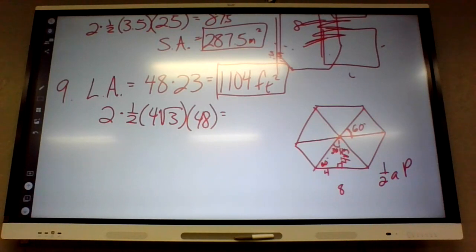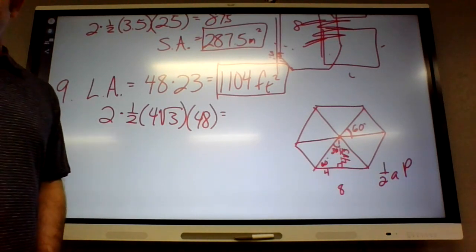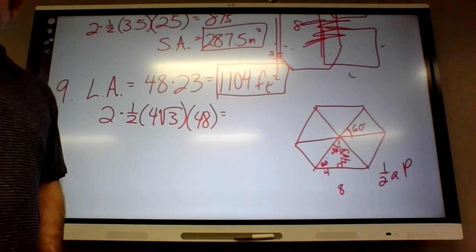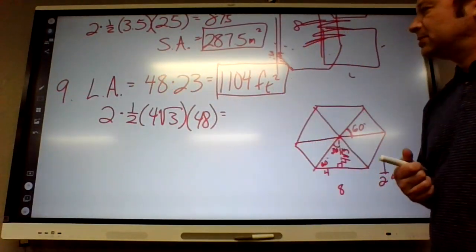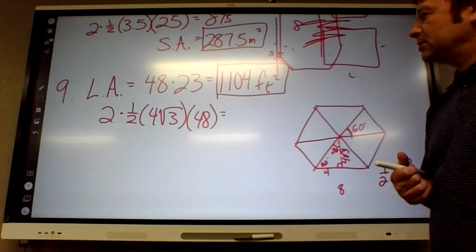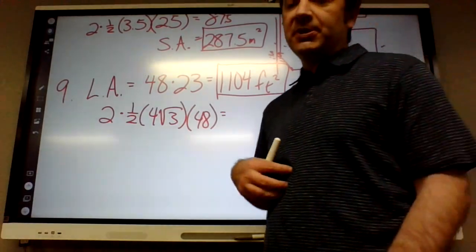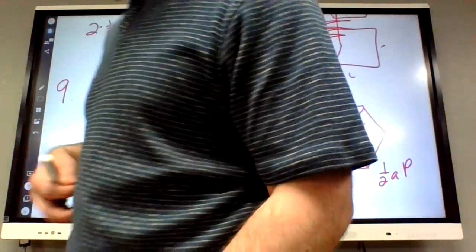Let's just do decimals here. I think the book did put both answers, but let's do the decimal version instead of the square root of 3 answer. I think they rounded to the tenths place, so let's do that.